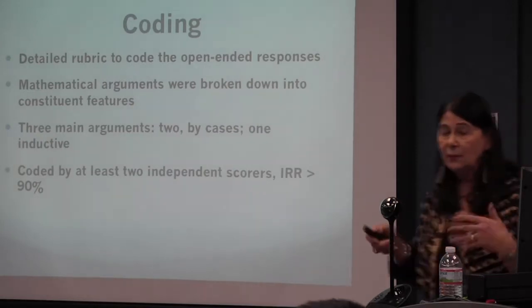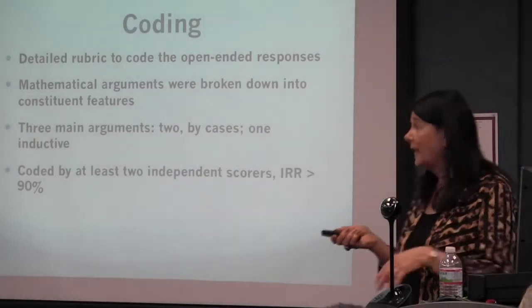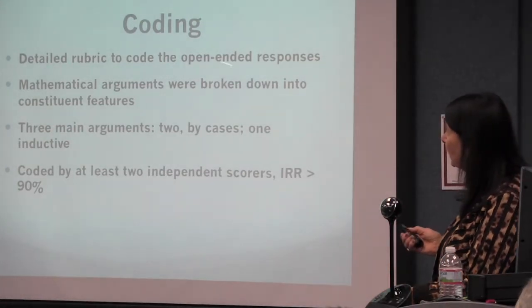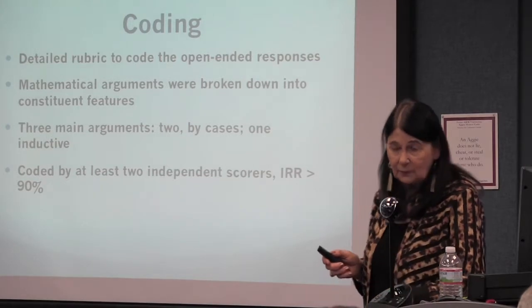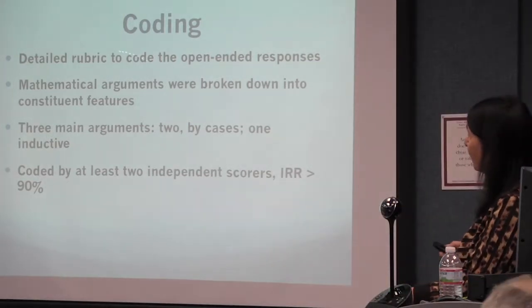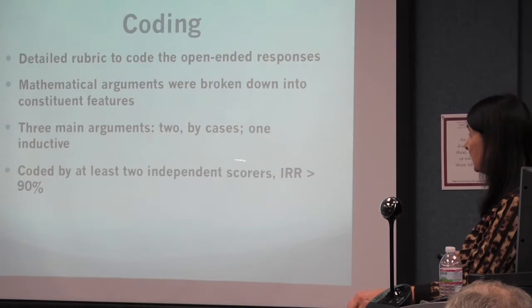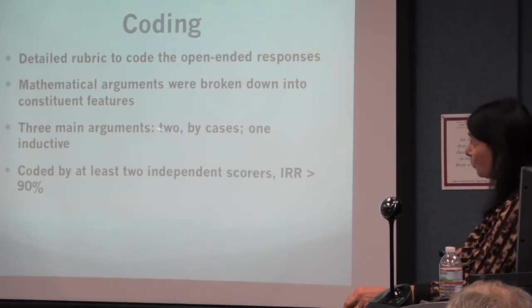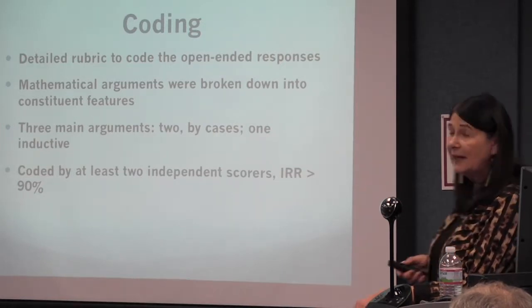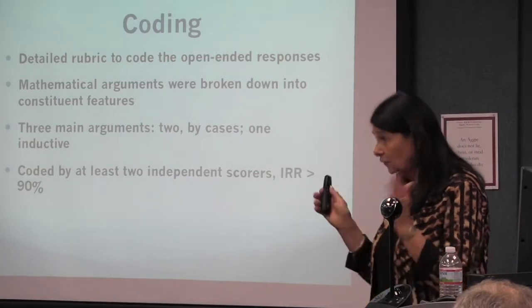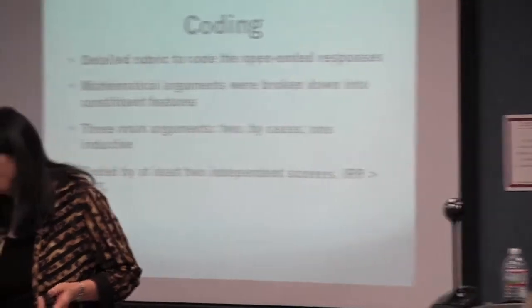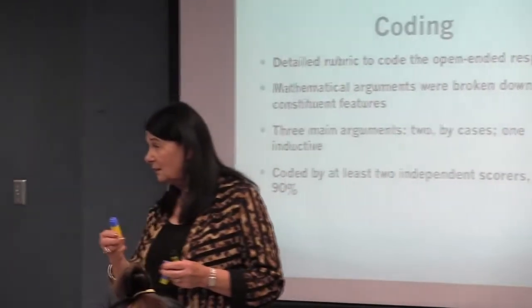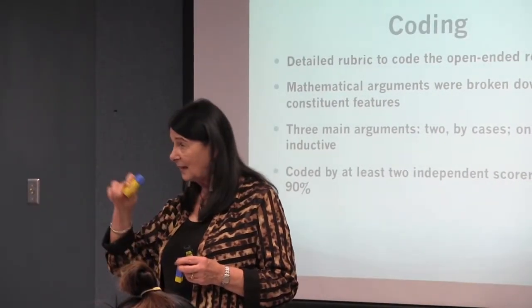Because the assessment was open-ended, we had to come up with a very detailed rubric to code the open-ended responses. That was a lot of work. We had to get the arguments broken down into their features, and the main arguments that we were looking for here were case arguments that were exhaustive cases. Like, for example, here, I can tell you how many have no yellow, how many have exactly 1 yellow.